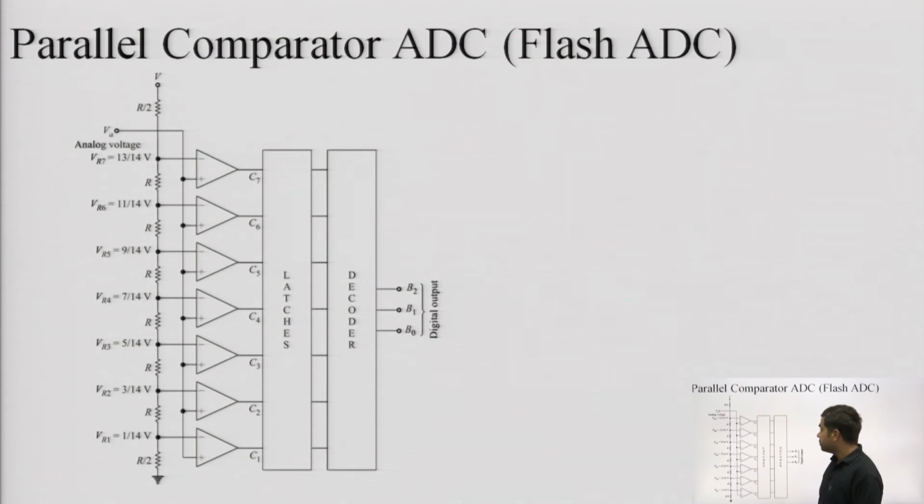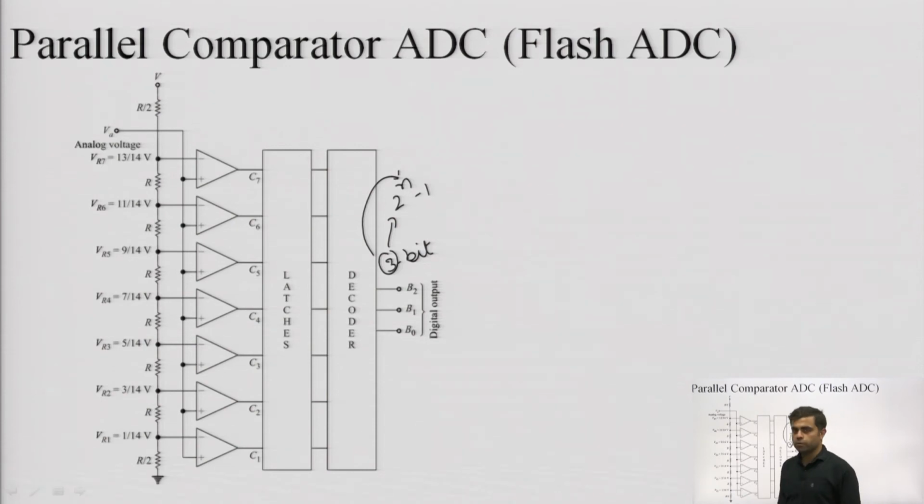For 3 bits, there is a 3-bit digital output, and the number of comparators used in this circuit is 7, that is 2 raised to power n minus 1, where n is equal to 3. If we have to design a 4-bit parallel comparator, then we will be using 15 comparators.